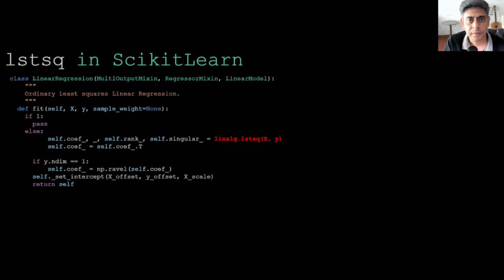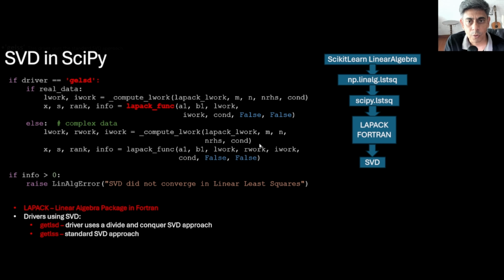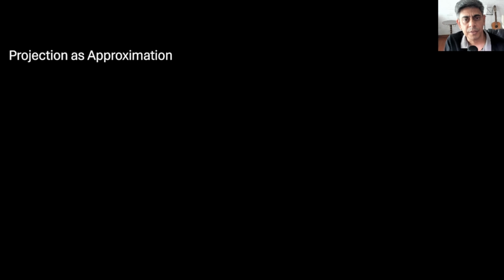Proof once again: if you go to the final code, you can see that least squares is called here, and if you go on, you will finally see that LAPACK is used in this scipy library, where finally LAPACK is calling the gelsd driver, which is nothing but the SVD approach. These are all about classical machine learning, where the human decides what function it is and accordingly chooses one library.